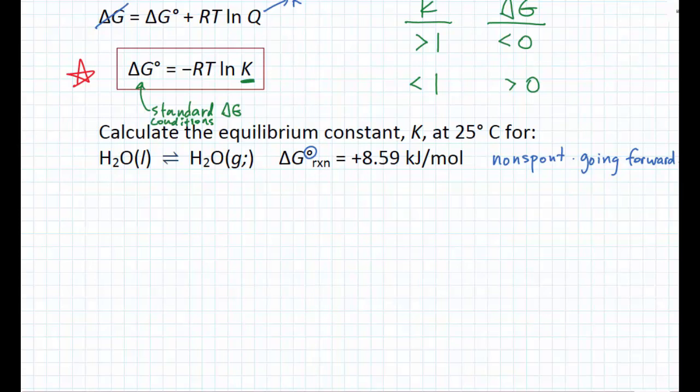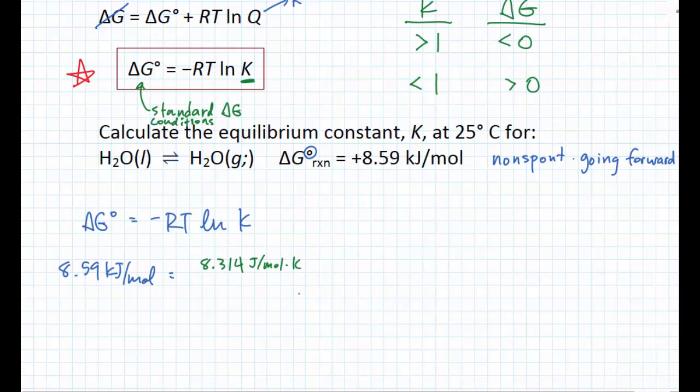But let's do the calculation here. It's not a difficult calculation. Delta G equals minus RT natural log K. 8.59 kilojoules per mole. I think I gave you R on the last page: 8.314 joules per mole Kelvin.